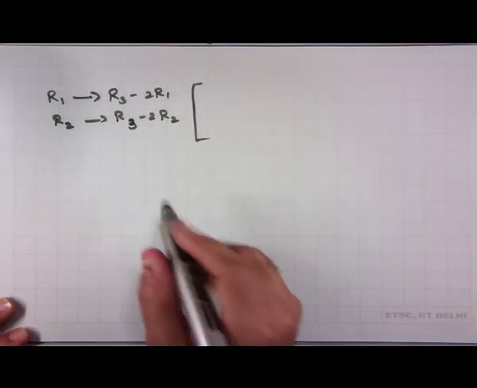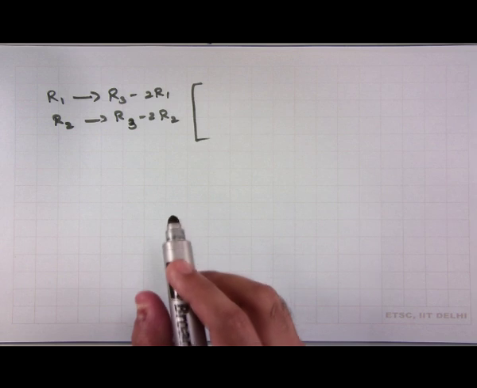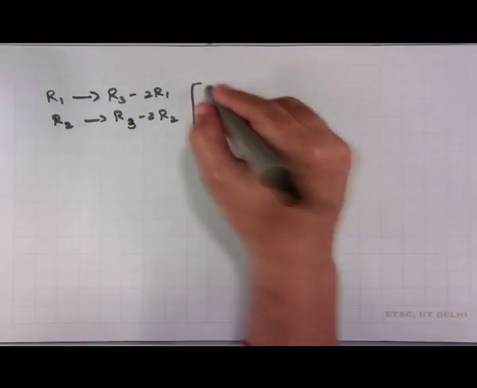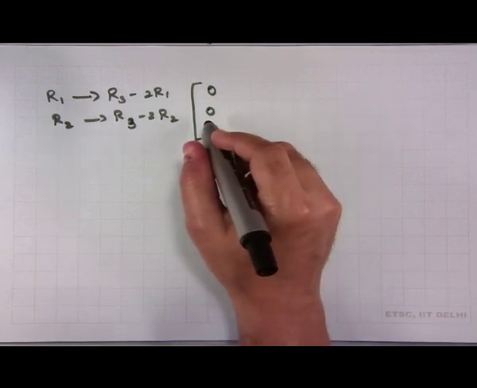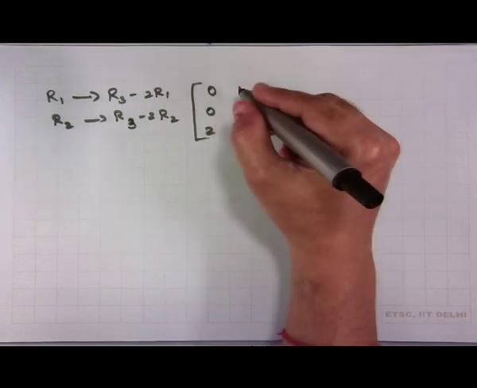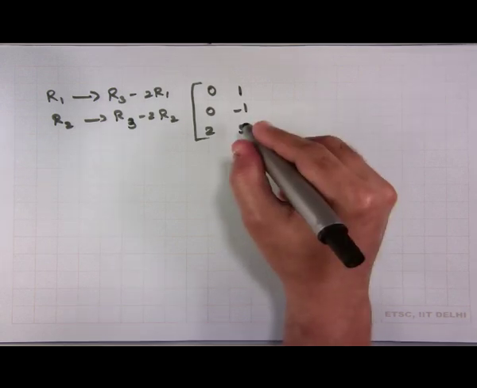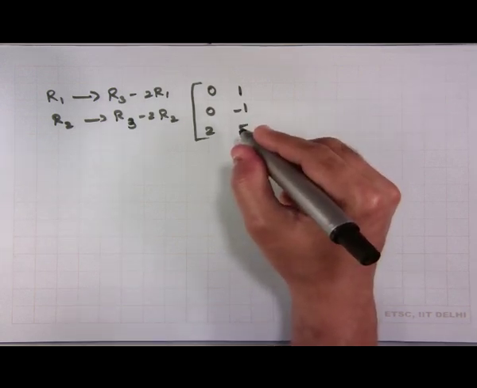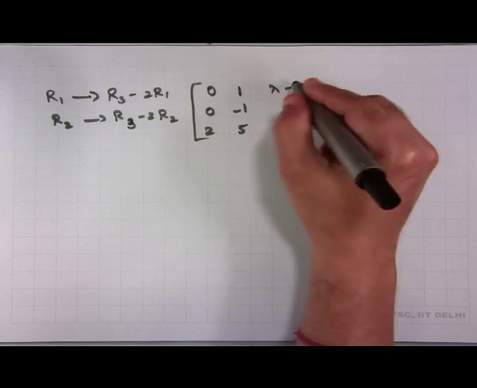So, R3 minus 2 times R1: 2 minus 2 into 1, so you will have 0. Let us compute the other ones. 5 minus 2 into 2, which is 5 minus 4, you will have 1. Then lambda minus 3 into 2, which is lambda minus 6.